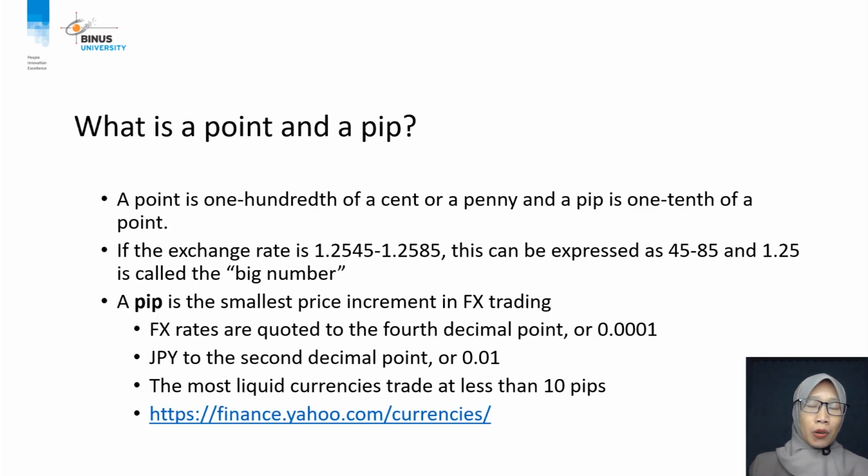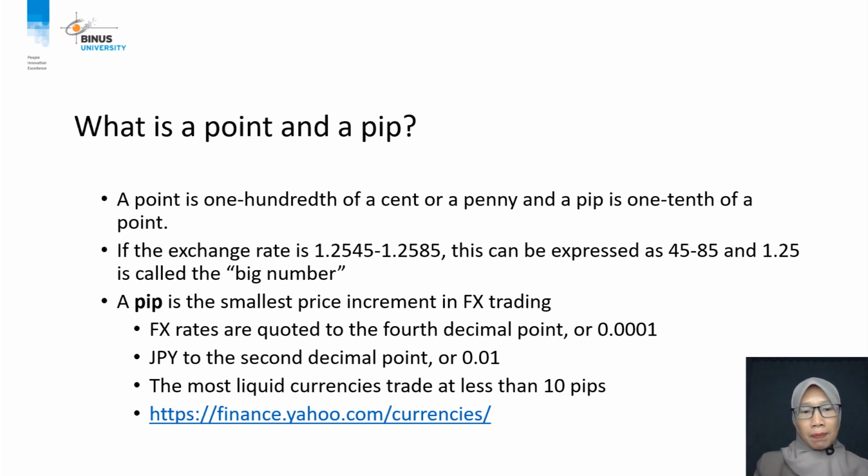So what is a point and a pip? A point is 1/100 of a cent or penny, and a pip is 1/10 of a point. If the exchange rates are 1.2545 and 1.2585, this can be expressed as 45-85. And the 1.25 at the beginning, the first numbers, we call the big number.